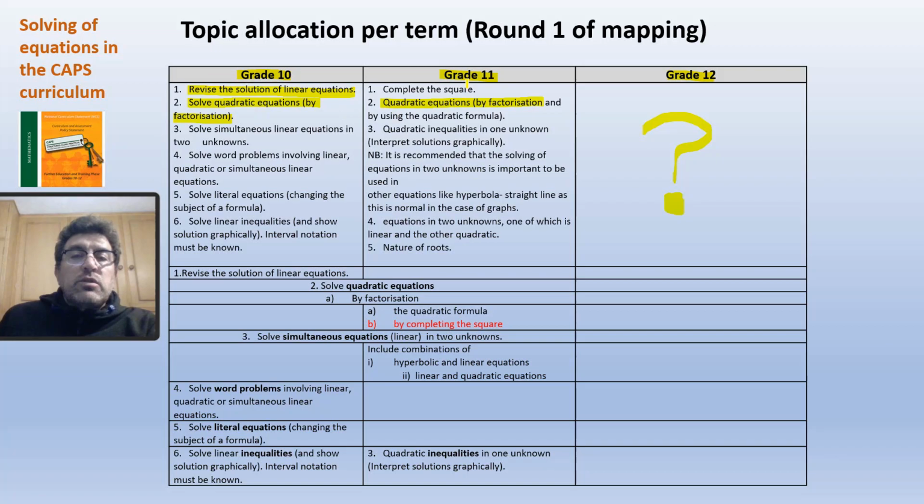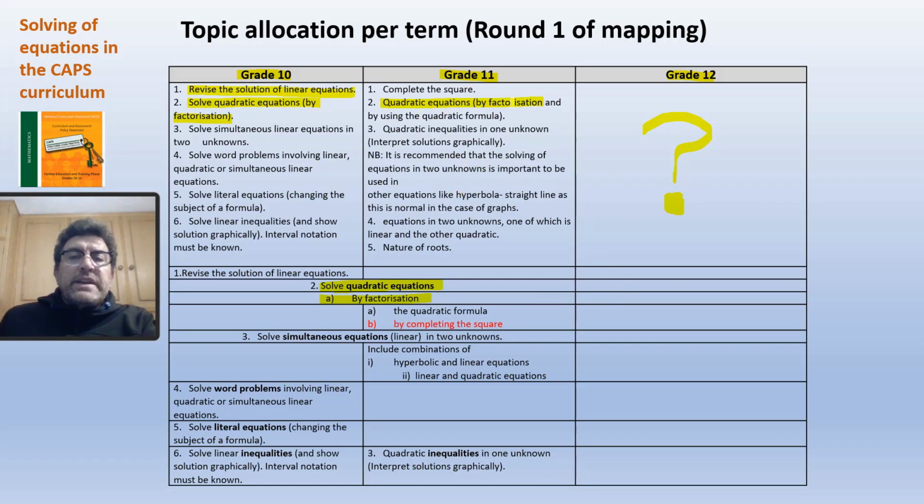So look at what I did in the map. I merged my two columns because of the solving of quadratic equations, and I bolded the quadratic equation so it stands out to the reader, by factorization, because that happens in both grade 10 and grade 11. I'm sure it will happen in grade 12 as well.